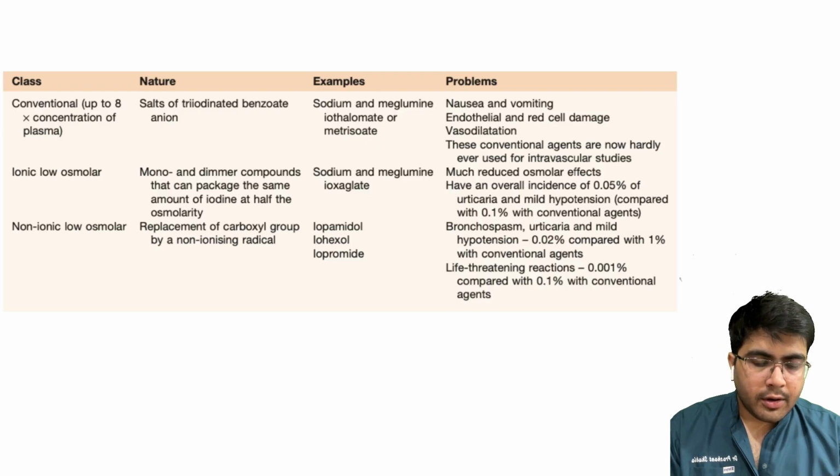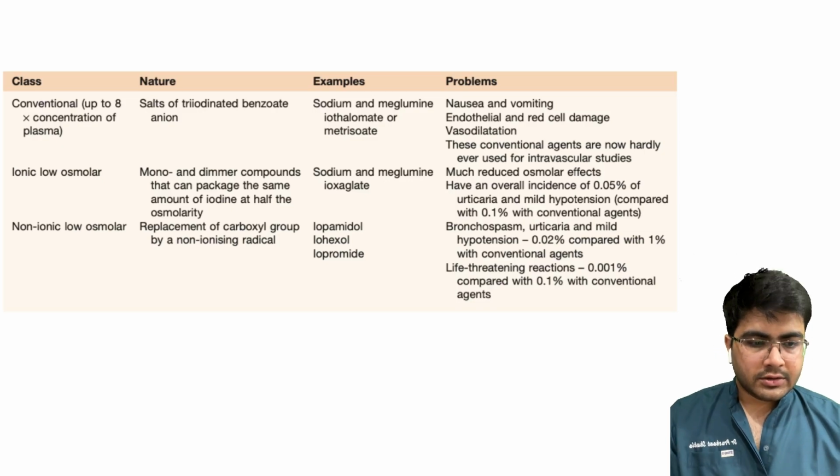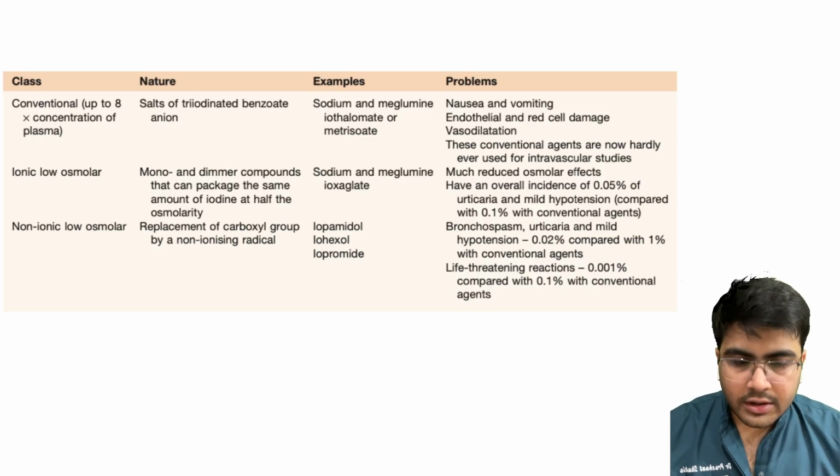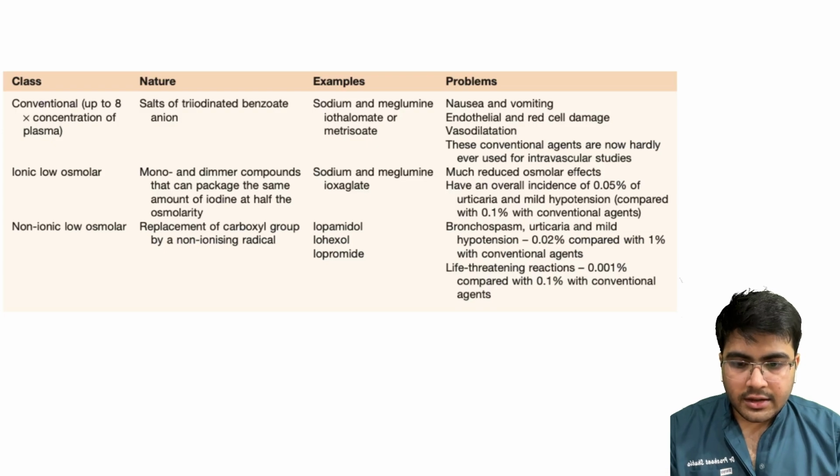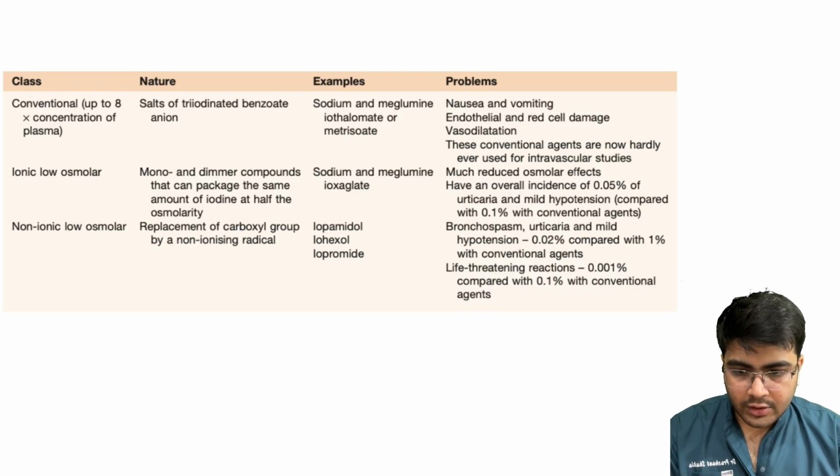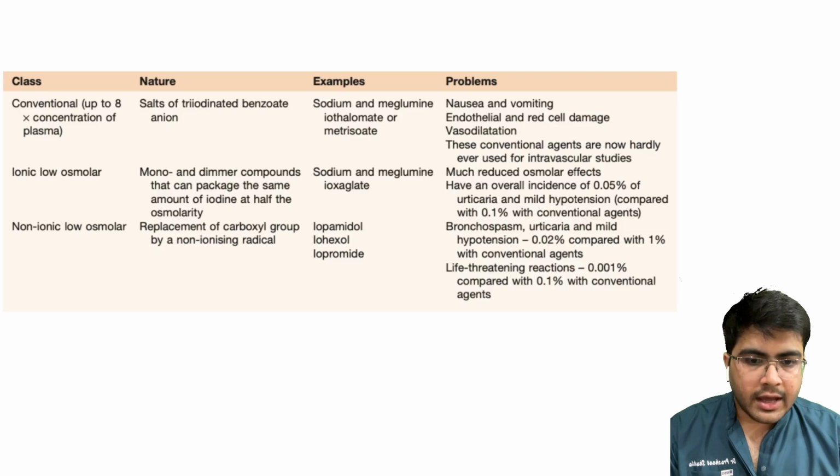The problems associated with them were nausea and vomiting, endothelial and red cell damage, and vasodilatation, and these conventional agents are now hardly ever used for intravascular studies. The next class was the ionic low osmolar mono- and dimer compounds, which can package the same amount of iodine at half the osmolarity. Examples were sodium and meglumine ioxaglate.